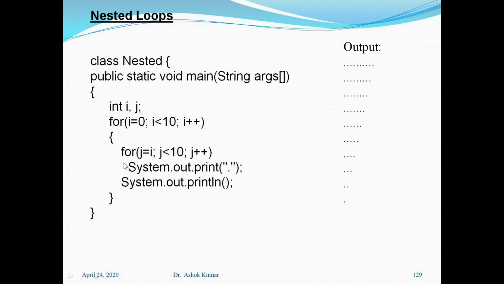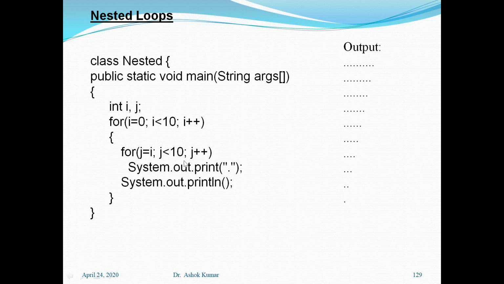So in the outer for loop we have the inner loop. When i is 0, this part will be repeated, and you will get 10 dots in the first line. Then why are we getting the dots in the same line? Because we have used the print statement, and in case of print, it prints the output in the same line, as we discussed in the previous lectures.